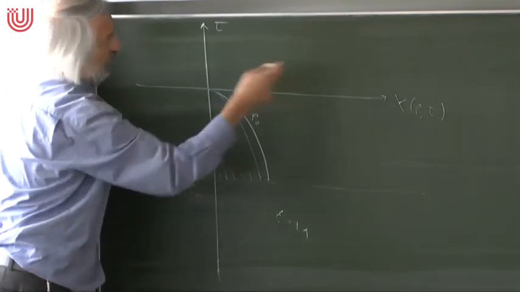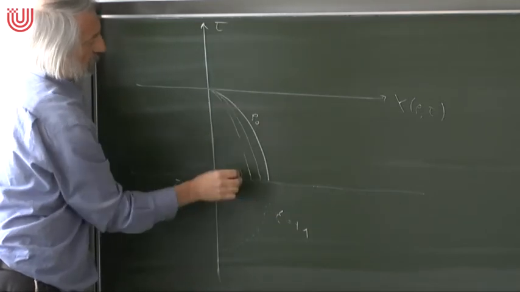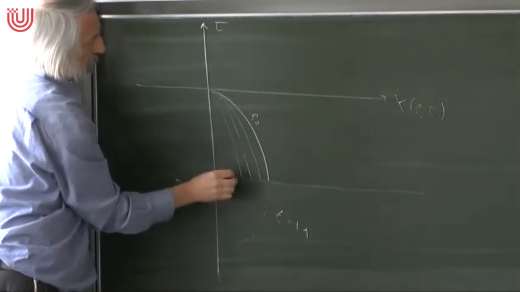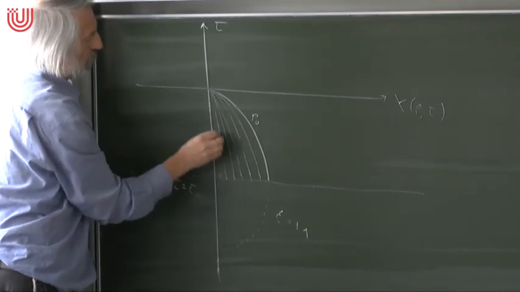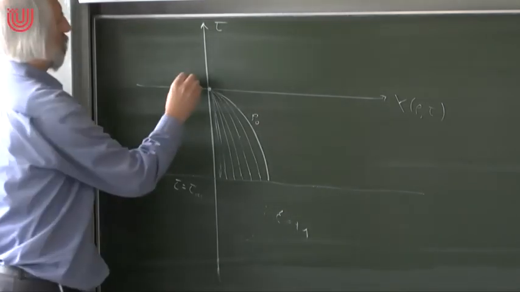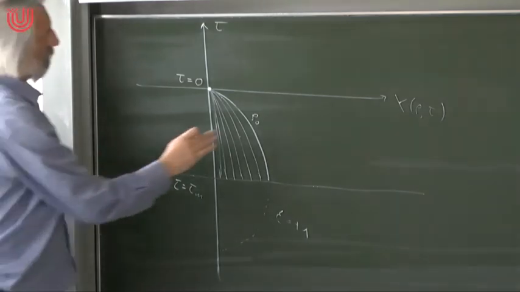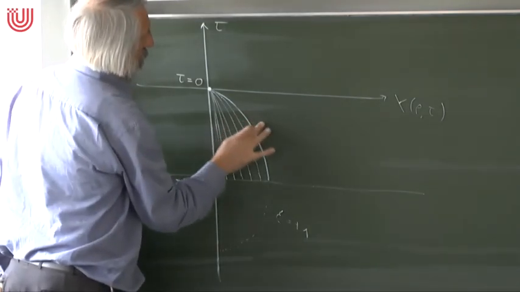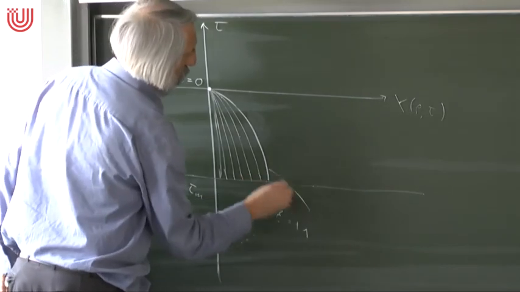We have y as a function of tau. So we really have the world lines of these dust particles. And all of them come together at the event tau equals 0. So let me write this in another place.